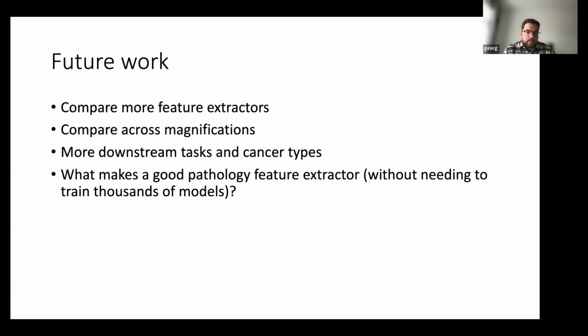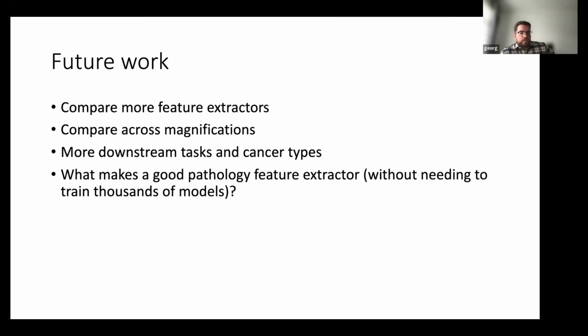I'm going to report on that soon, but the initial results are still similar in terms of the quality of the feature extractors, as in, at least for breast cancer, we still find that C-transpath and Lunatino perform best. I haven't finished the colorectal cancer experiments yet.